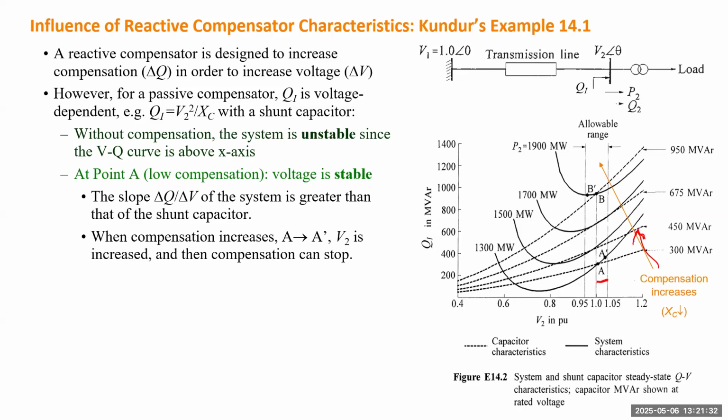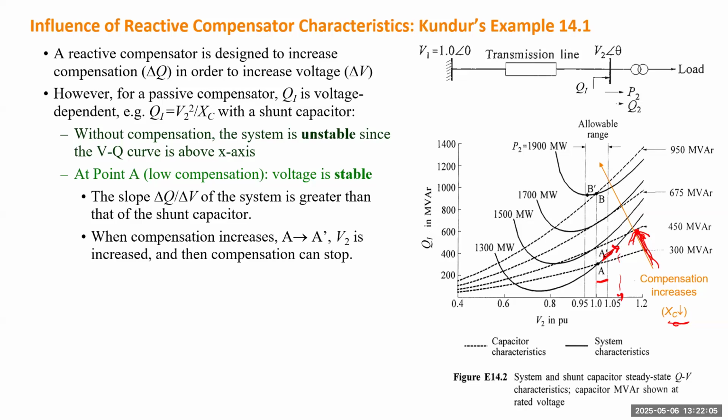So if you want to increase the voltage, you can increase the compensation, by decreasing the XC. So you are going to change in this direction. The voltage will be improved because in this direction, both voltage and Q will be increased. When you reach the new voltage condition, you can stop. So this control can be stable.